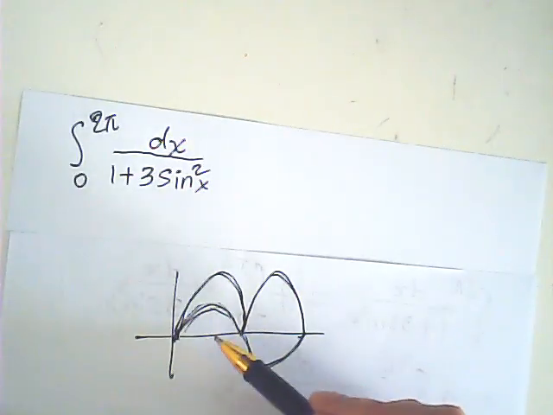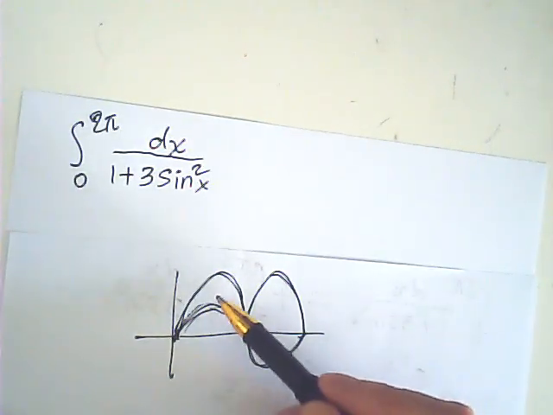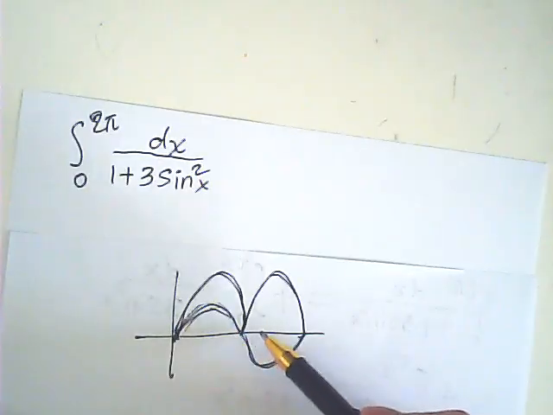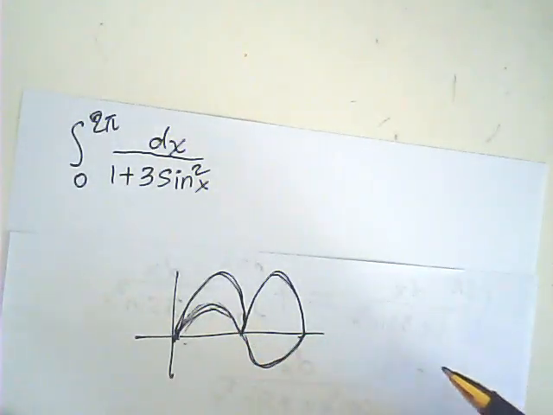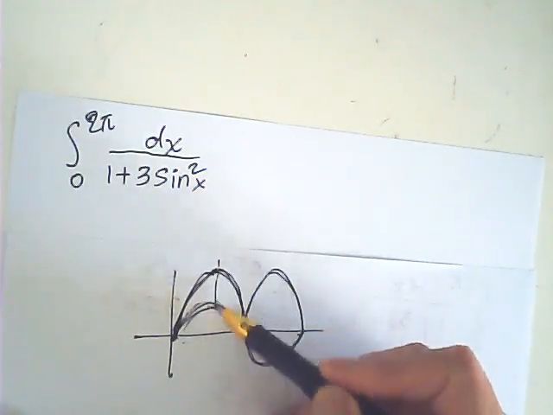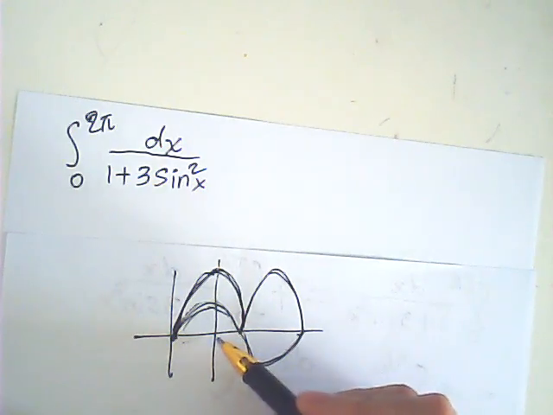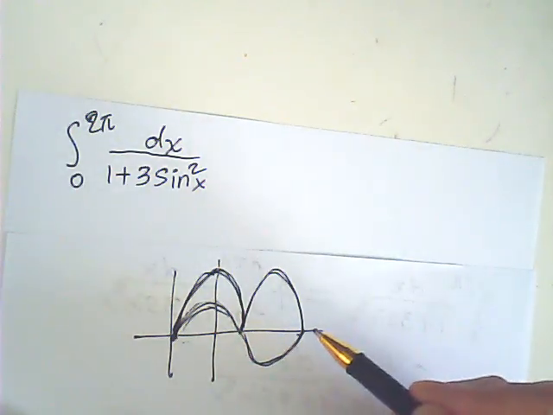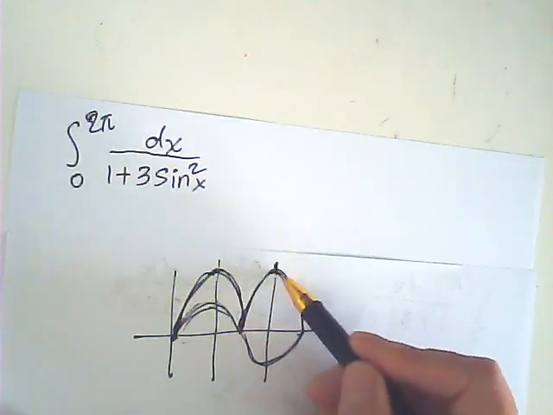So therefore, for the sine square function, the period is pi, but also this part and that part are symmetrical with respect to half pi, and this is symmetric, right?